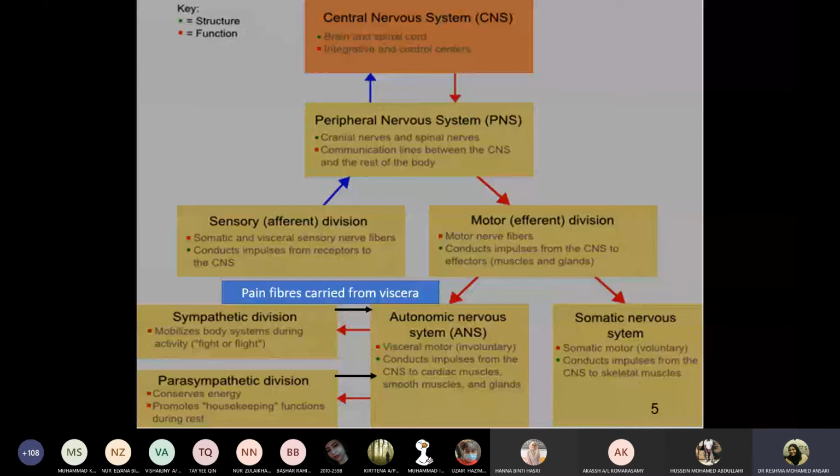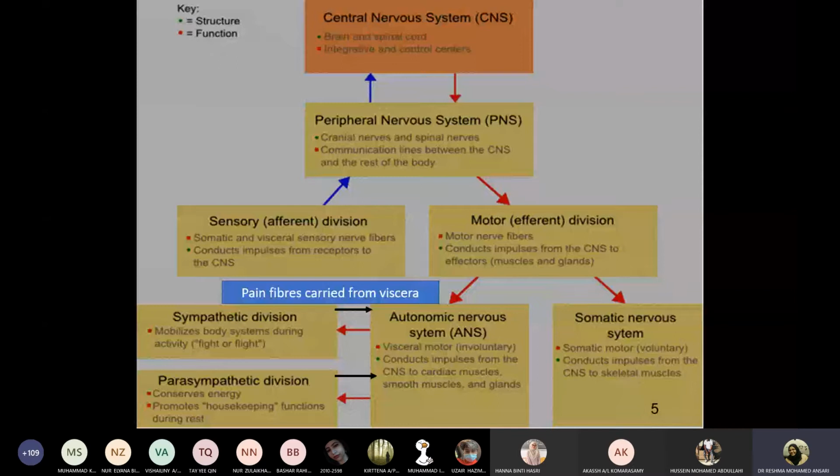But if somebody has gastritis pain in the stomach, it is a dull, aching, gnawing kind of pain. It is there always, but it's very dull. It is unlikely something stabs. If somebody stabs, it's a different pain. Whereas a pain inside the viscera or the organ is a dull, aching pain. The reason is that from the body wall, it is carried by somatic nerves, and from the viscera, it is carried by the autonomic nerves.